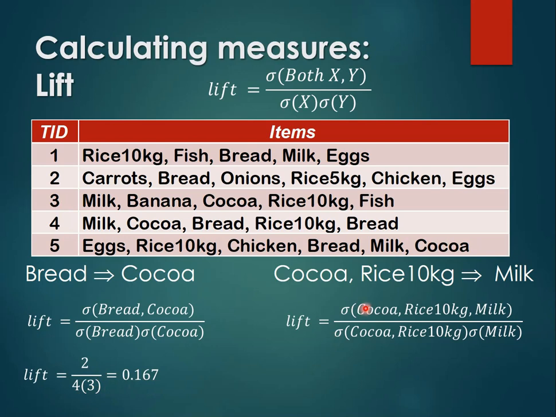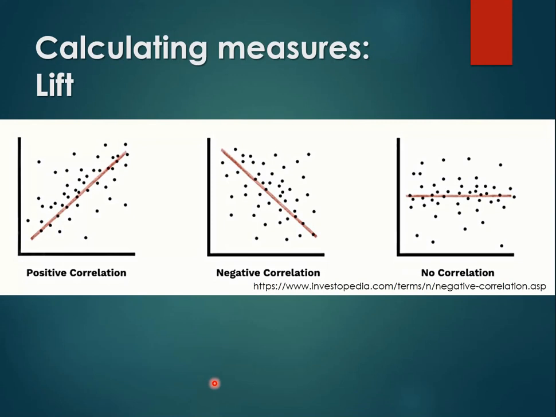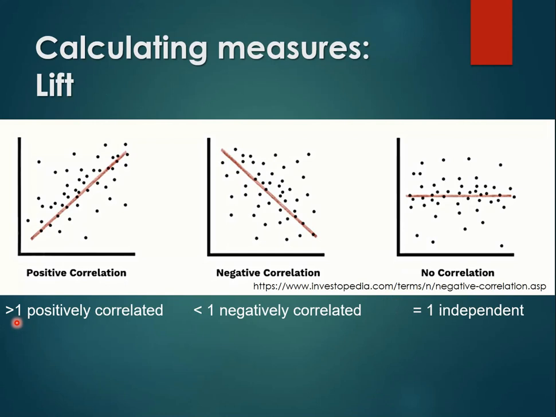And the lift for the second rule is 3 divided by 12, which is 0.25. So what do 0.25 and 0.167 mean? In lift, we have 3 values that we're going to look into. Greater than 1 is called positively correlated. If the value is less than 1, it's negatively correlated. If the value equals 1, it is independent.